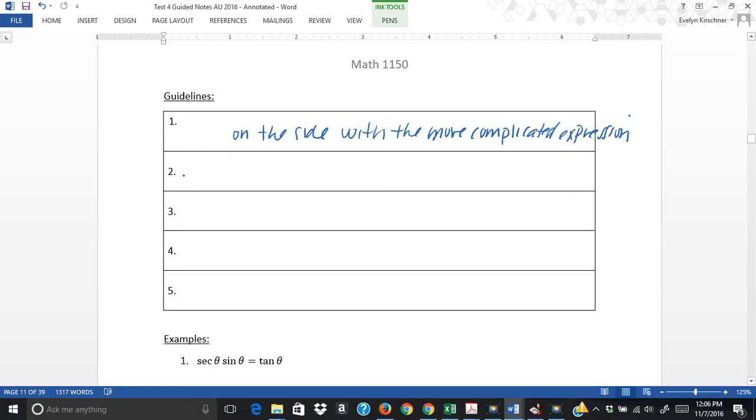Sorry that it's moving around a little bit. Simplify your fractions. So that means find a common denominator. Try rewriting as sine and cosine.